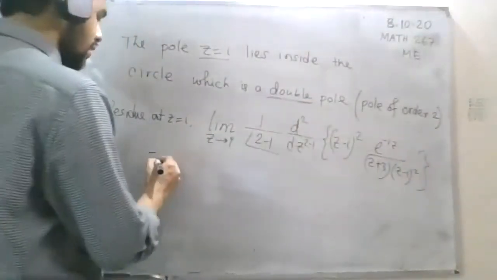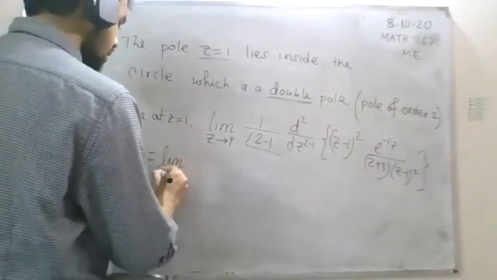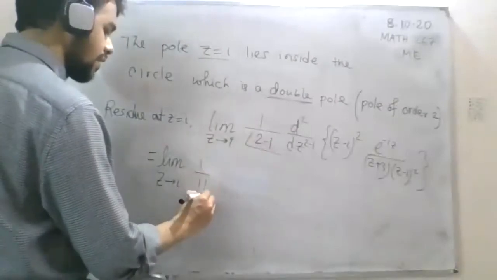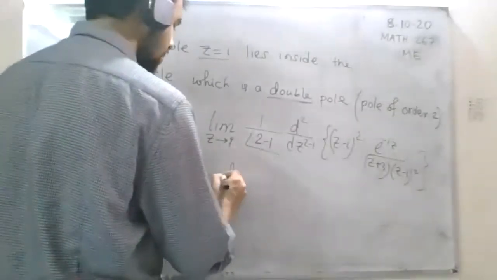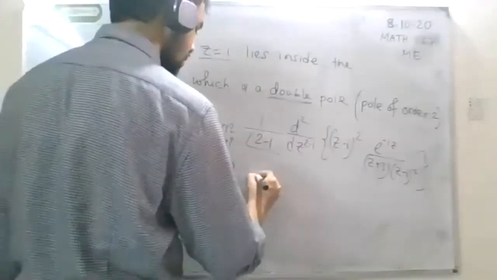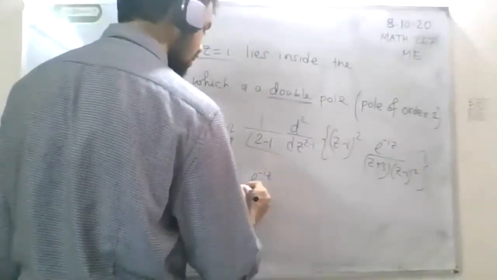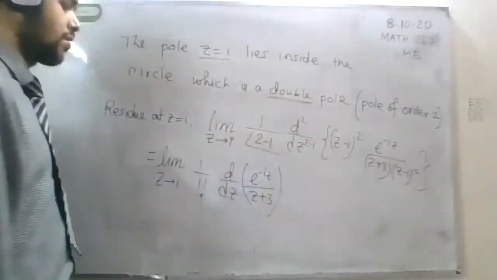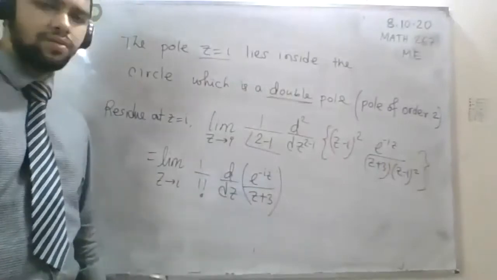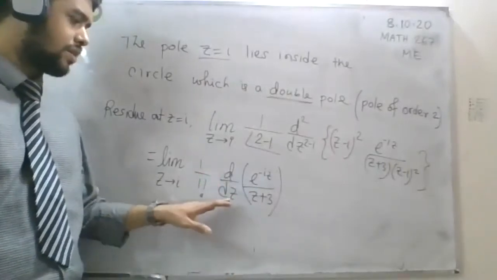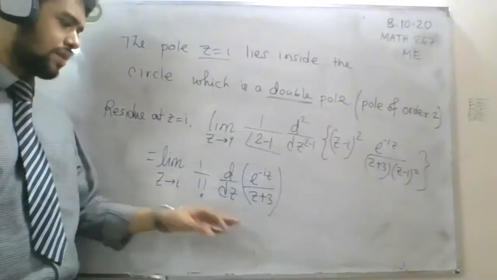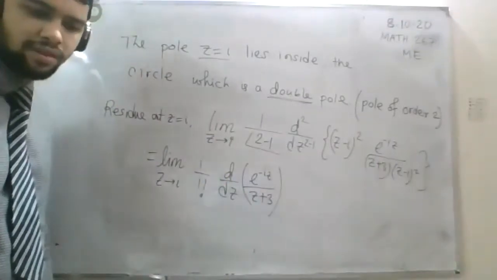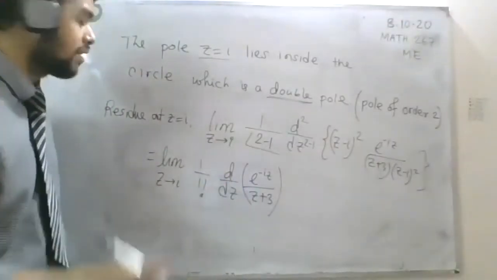From here, you can easily say that this is limit z tends to i of 1 by 1 factorial, d by dz of e to the power minus iz divided by z plus 3. Okay. So now you have to solve this by using differentiation with respect to z, and obviously the u by v differentiation formula you have to apply here.